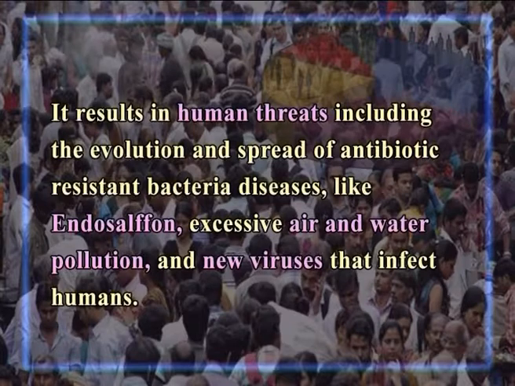It results in human threats, including the evolution and spread of antibiotic resistant bacterial diseases, like endosulfan, excessive air and water pollution, and new viruses that infect humans, increasing the chance of emergence of new epidemics, and epidemics that are geographically widespread, occurring throughout the region or even throughout the world.